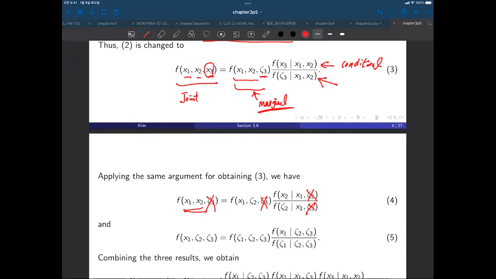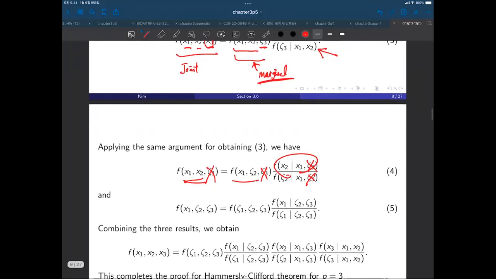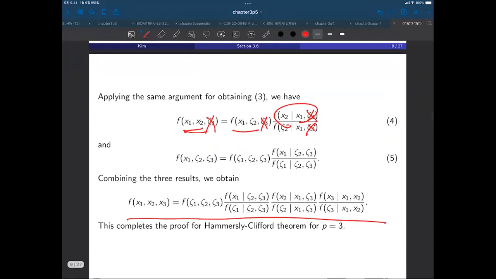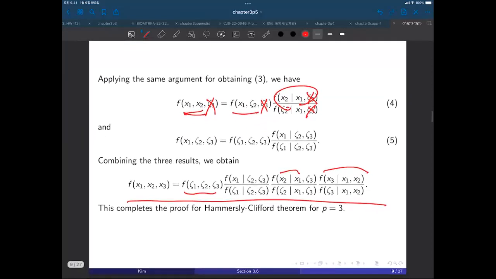You have a joint, you marginalize, and you write it conditional, and in the denominator you pay the price. If you do that, at the end of the day you get this. You have a constant, you have a marginal, and so you have x1, then x2 given x1, and then x3 given x1 and x2.